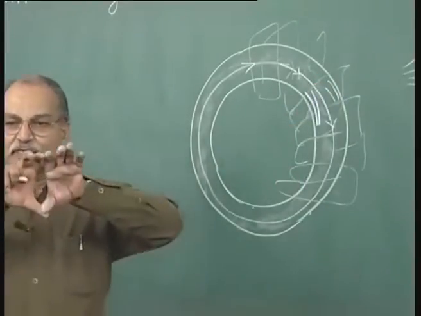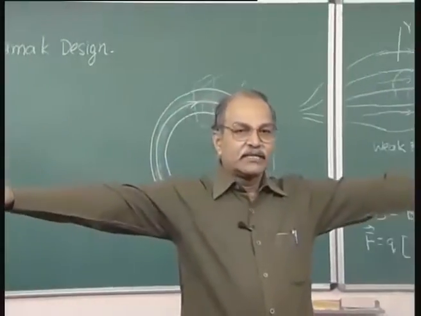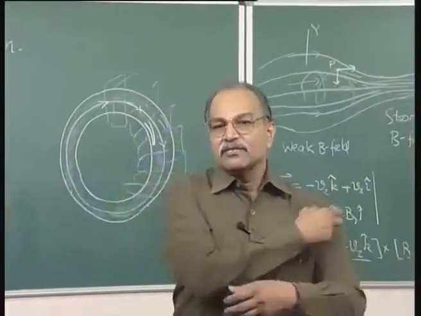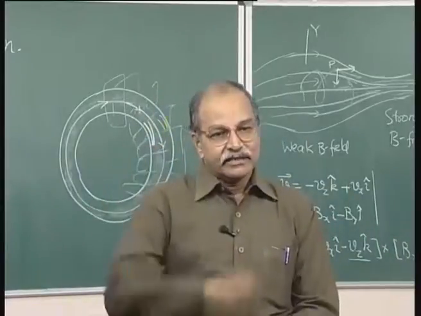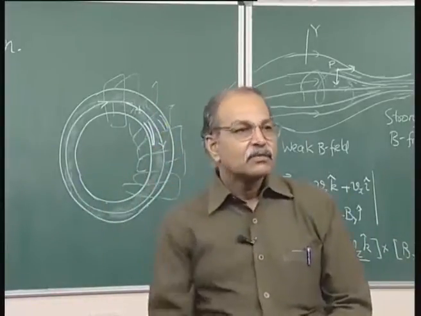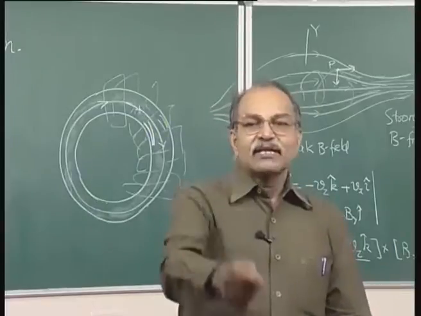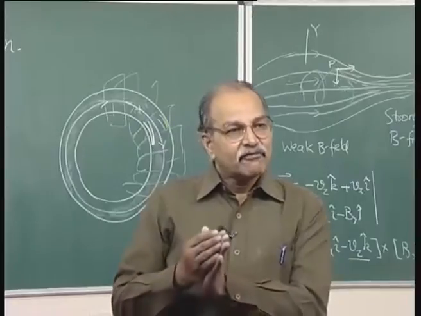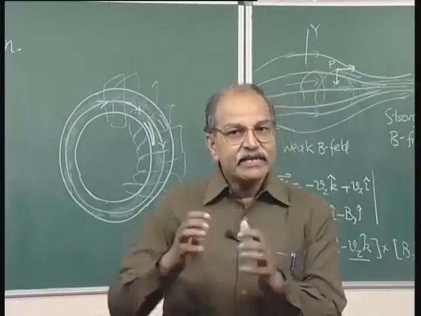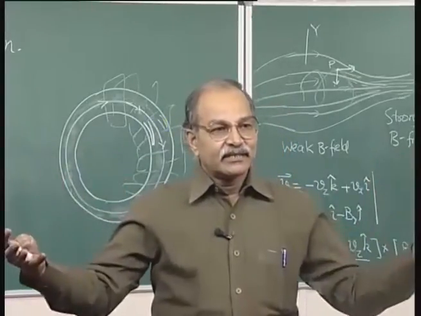Right? If you have a cylindrical solenoid, the field is uniform everywhere. But if you have this toroid and then you put windings there and pass a current and produce a magnetic field, that magnetic field is stronger on the inner side and weaker on the outer side.